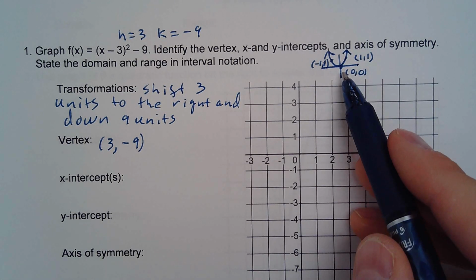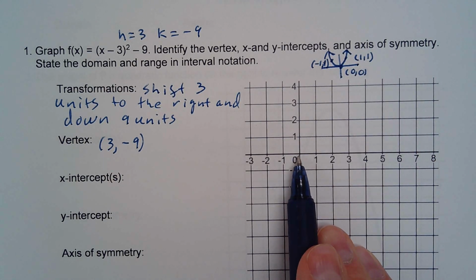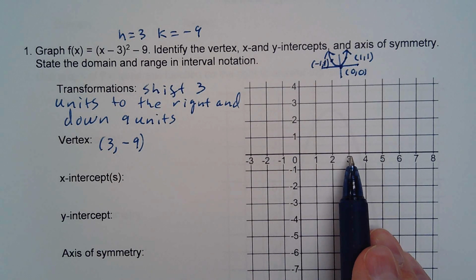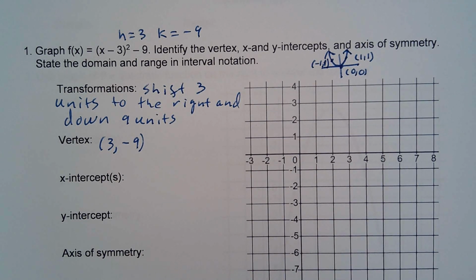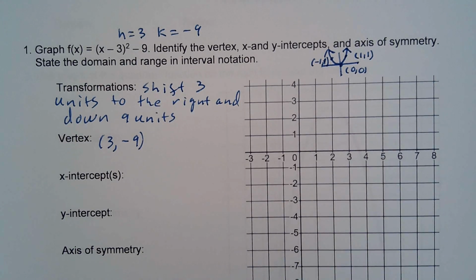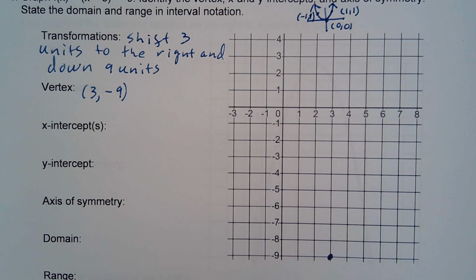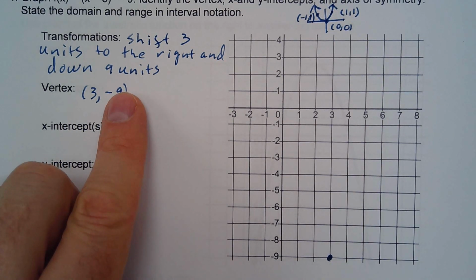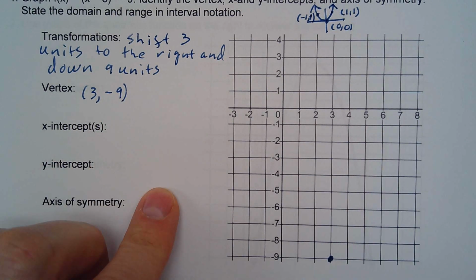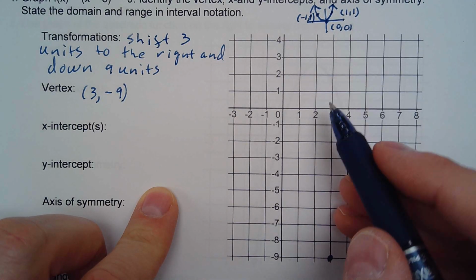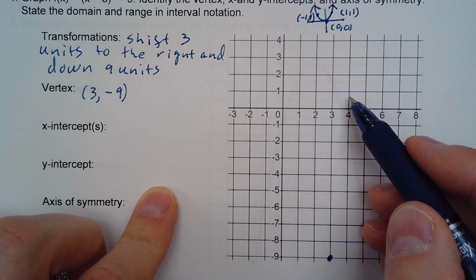So 0, 0, I shift to the right 3 and down 9. So now notice that matches my vertex up here. This point at 1 comma 1, we shift right 3, down 9.